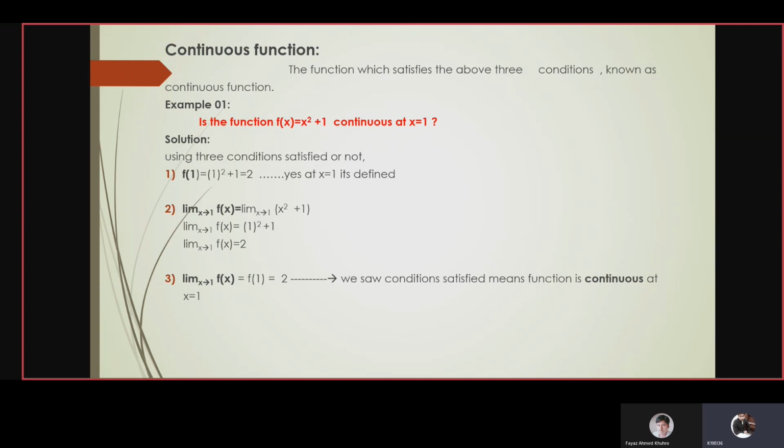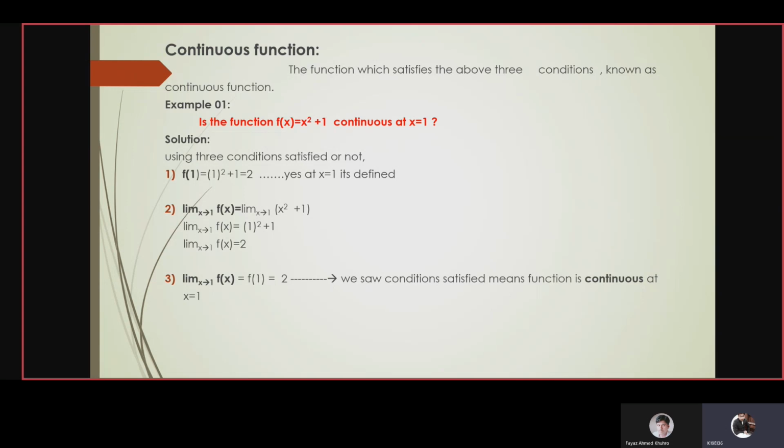I have given an example: f of x is equal to x square plus 1, at point 1. I have to check whether it is continuous or discontinuous. We have to satisfy three conditions. First condition: f of 1, I just put the value of x at point 1, and it is defined.